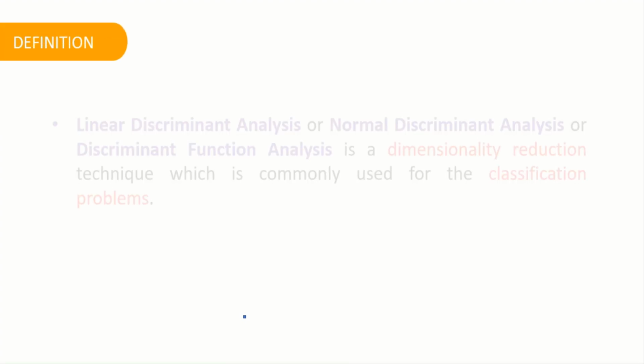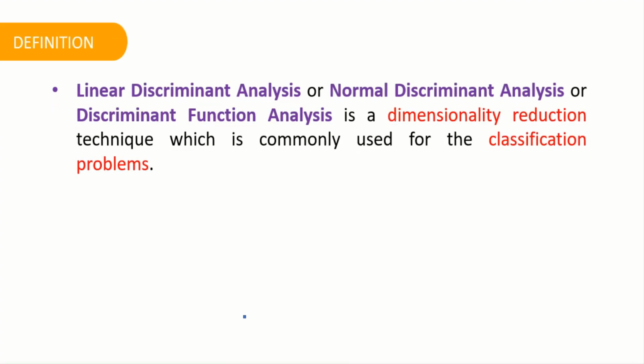When it comes to the definition, linear discriminant analysis, or normal discriminant analysis, which is also known as discriminant function analysis, is a dimensionality reduction technique which is commonly used for classification problems.